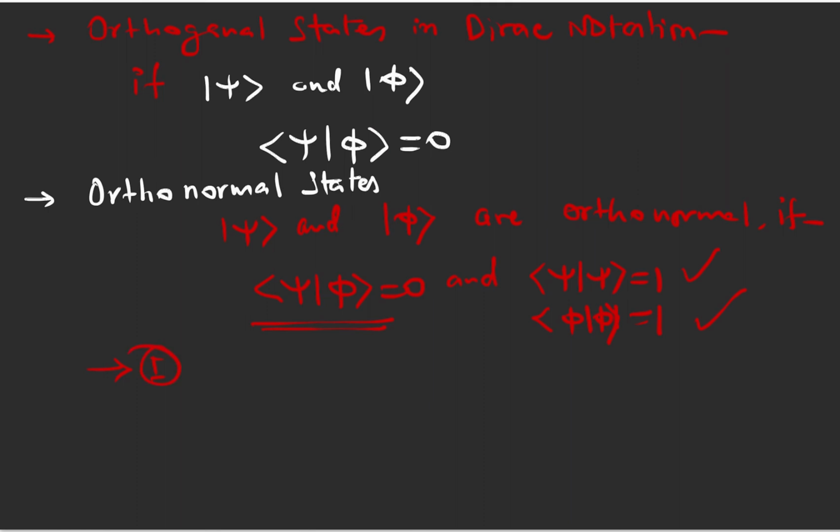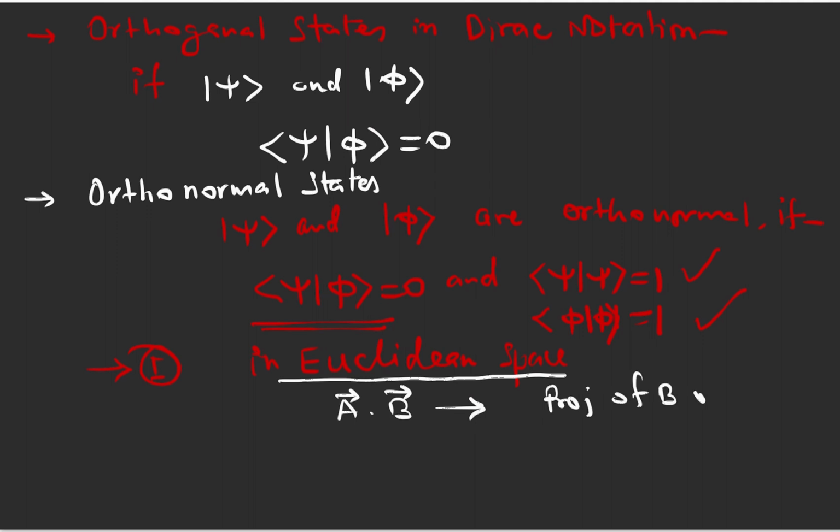First, analogous to the scalar product of ordinary vectors as in Euclidean space, A dot B represents projection of B on A. The product psi with phi also represents the projection of psi onto phi.